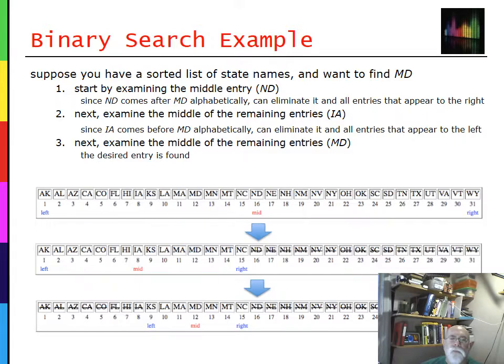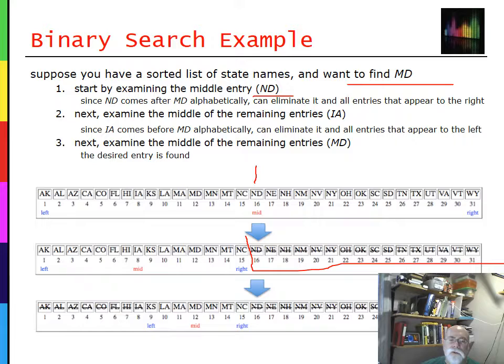Here's an example of them doing that. They start with a middle entry. What they're looking for is MD, so they start with ND, which happens to be at the middle of the records. And so with ND, they immediately eliminate everything from here back.